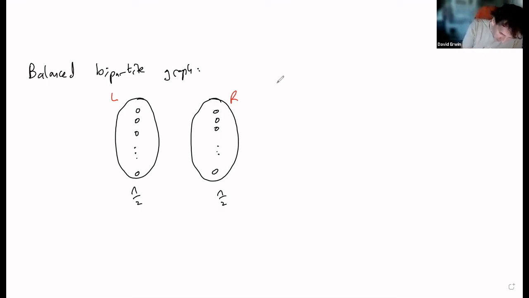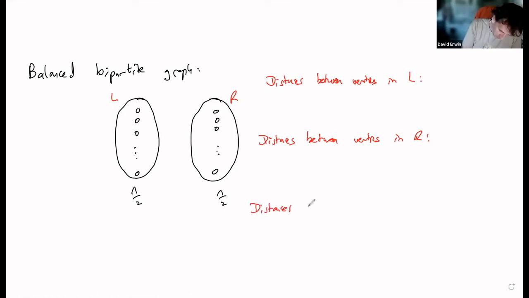We've got distances between vertices in L. We've got distances between vertices in R, and then we've got distances between a vertex in L and 1 in R. Now let's talk about these one at a time. So 1 and 2 and 3.